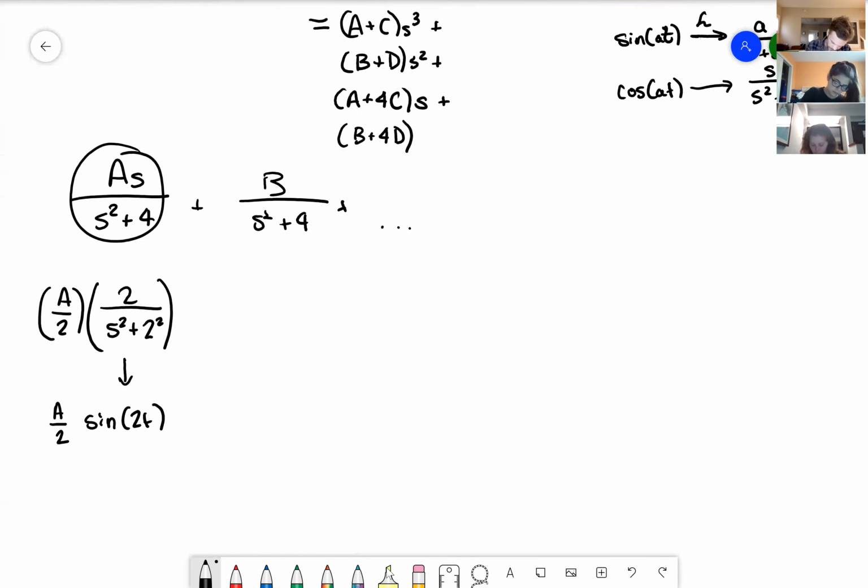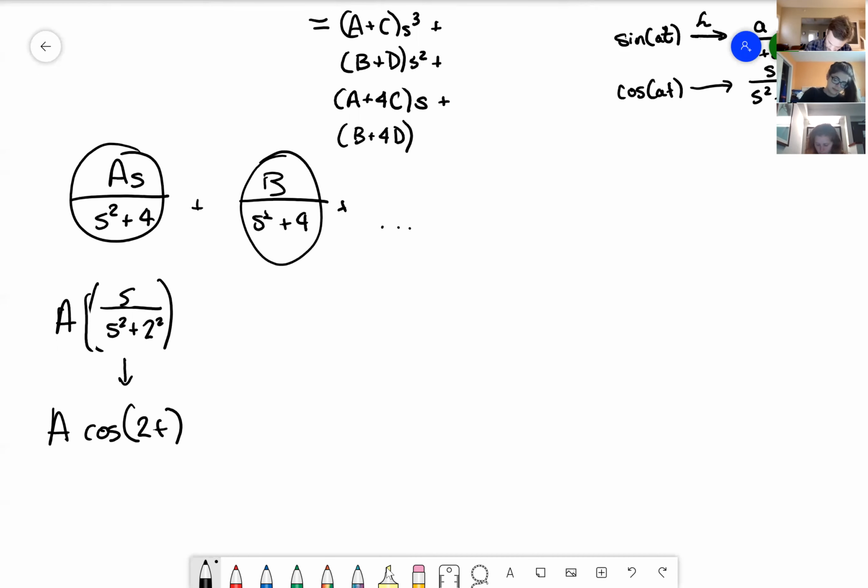I'm sorry. Okay, a times s over s squared plus 4. This is going to go to a times cosine of 2t. This one is the one with the constant. So we want it to be b over 2 times 2 over s squared plus 2 squared. And this will go to b over 2 sine of 2t.